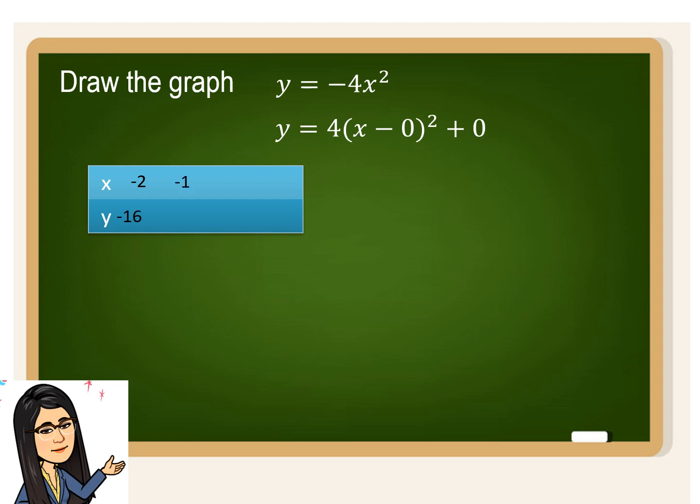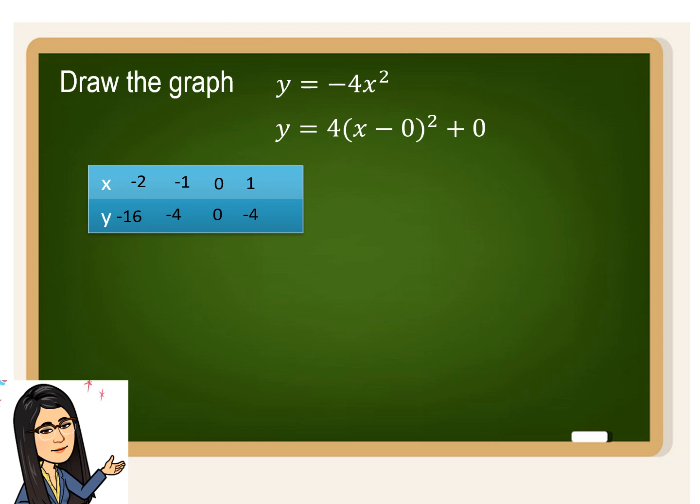Then what if x is equal to negative 1? So y is equal to negative 4 times the square of negative 1. That gives us negative 4. While if x is equal to 0, the value is also 0. If x is equal to 1, negative 4 times the square of 1 will give us negative 4.